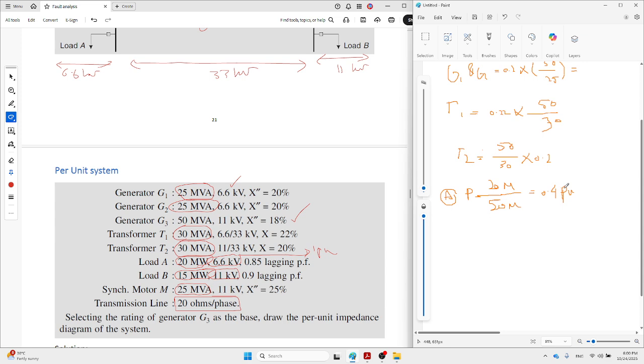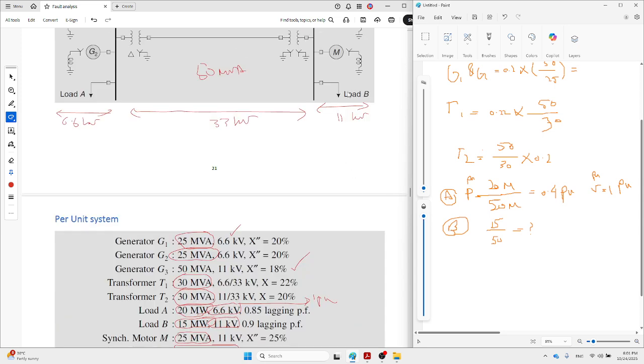For load B also, the V in per unit is 1 per unit, and the P is 15 over 50. The V is 11 over 11, so it's 1 per unit.